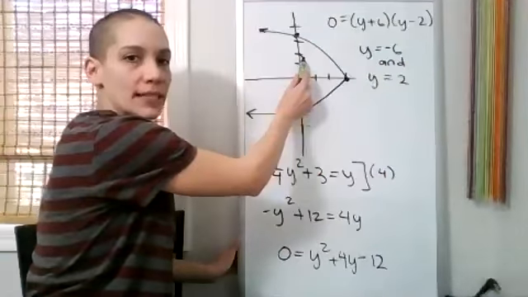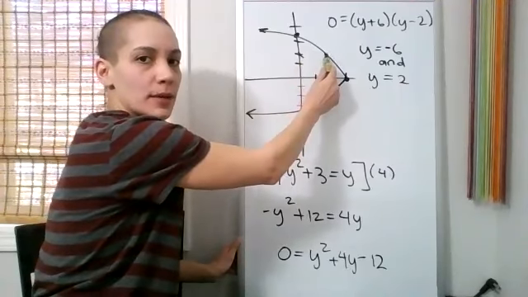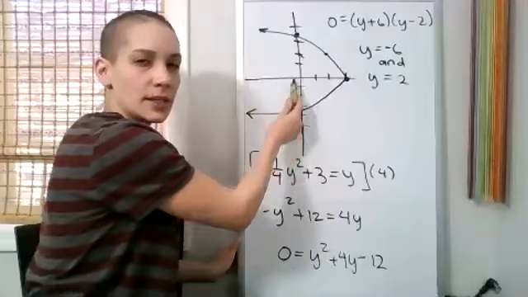So on the y-axis 2, and then over to this graph is where I'm going to make a mark. Then here we're going to go down to negative 6.